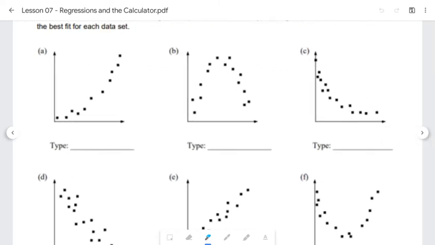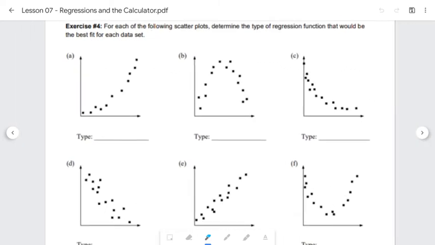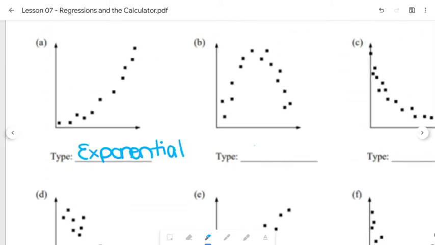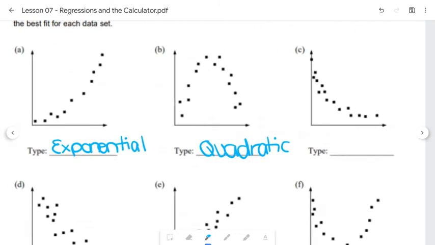So I would say for the first one, we'd be looking at exponential. Second one, we'd be looking at a quadratic. Third one, exponential again. We could see that kind of curve flattening out as we look at it.